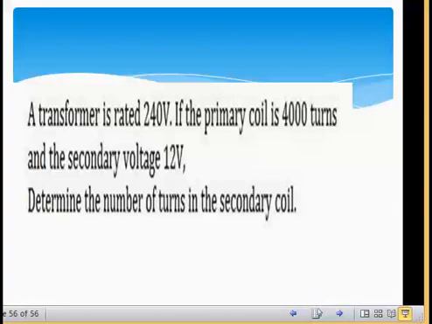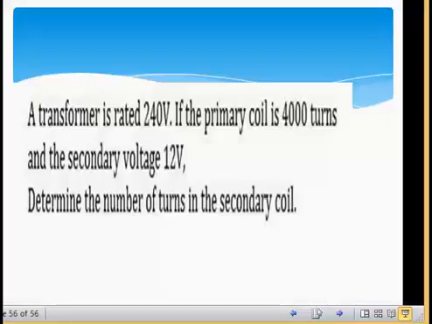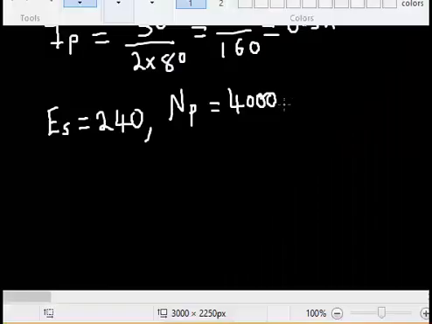Alright, so now, if the primary coil is 4,000 turns, NP is 4,000 turns. And the secondary voltage, oh, am I mistaken?